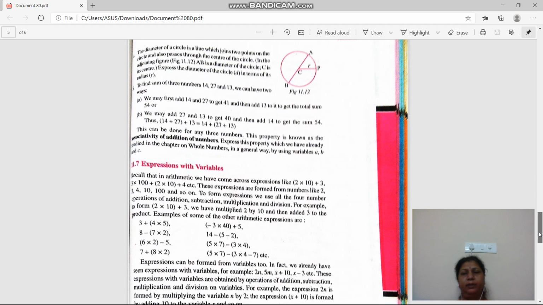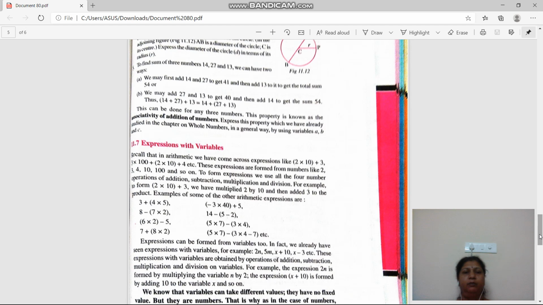Expression with variables. Till today we have studied different rules and formulas which are already expressed in the books, or stated in geometry, whatever it may be.